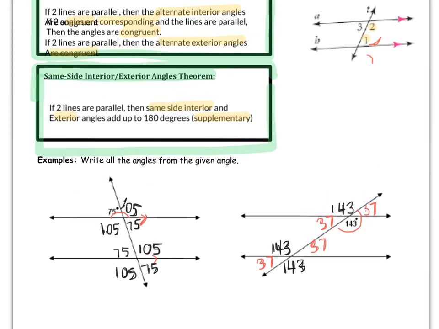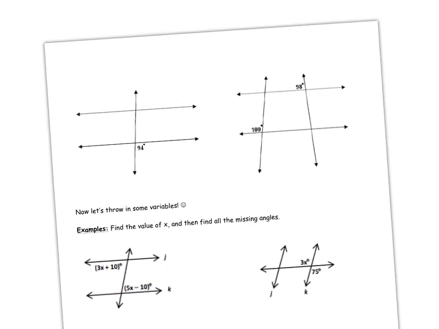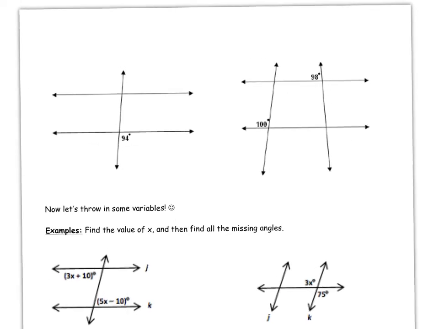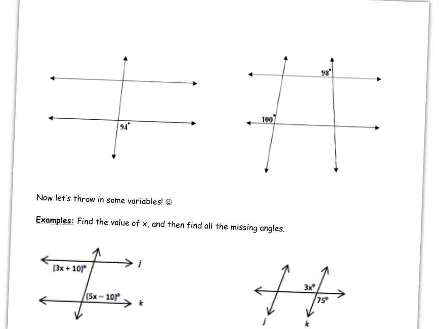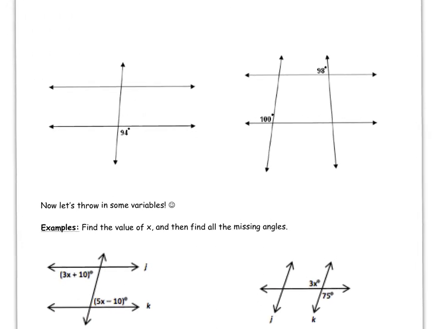So when you're good, I want you to go ahead and flip your paper for me, please. Excellent. Go ahead and pause this video. And again, before you pause this video, we are assuming that these lines are parallel. So you might want to draw the arrows because it is improper notation.